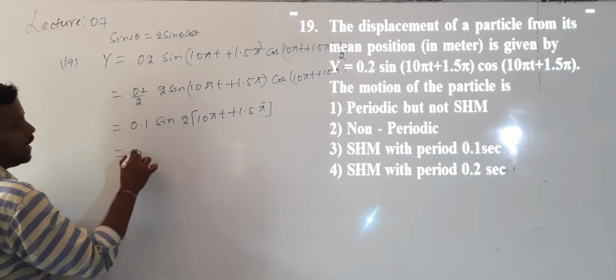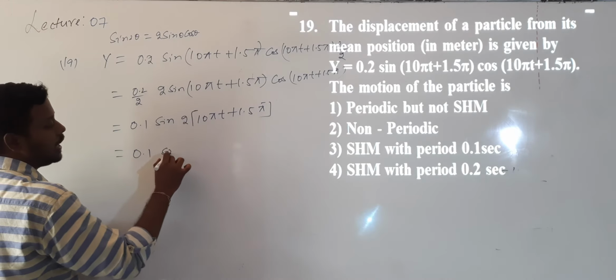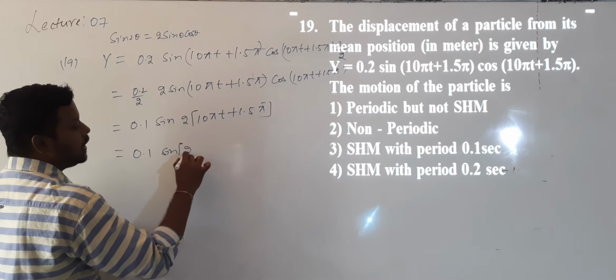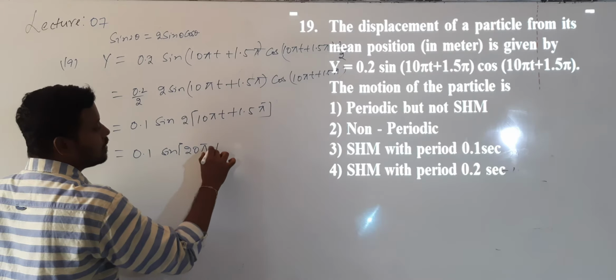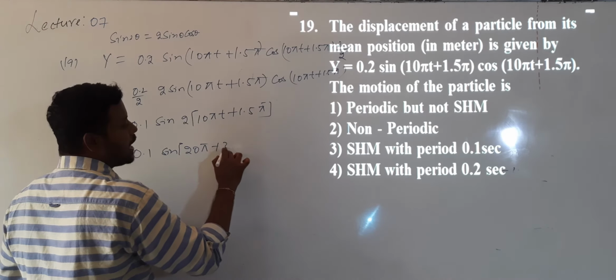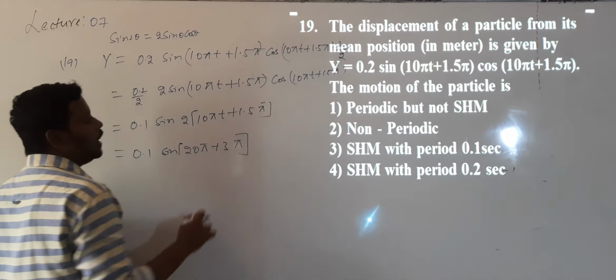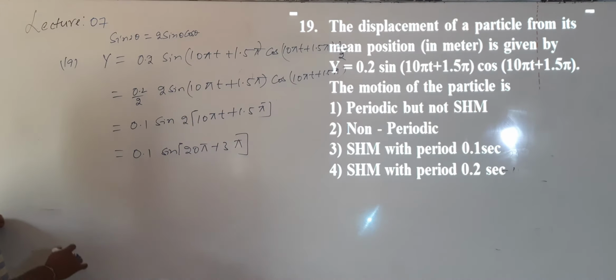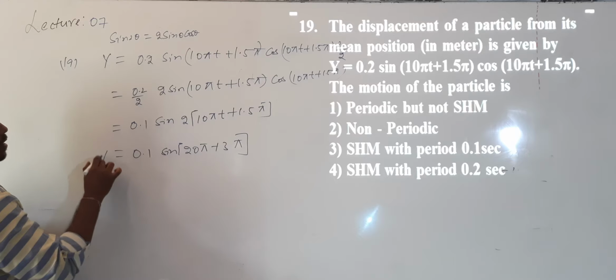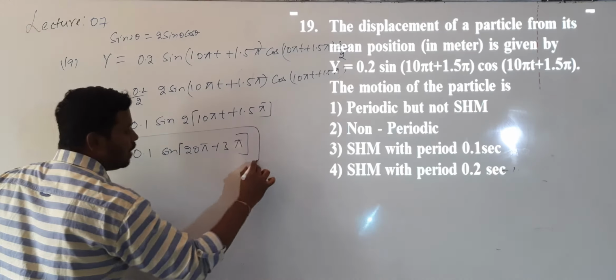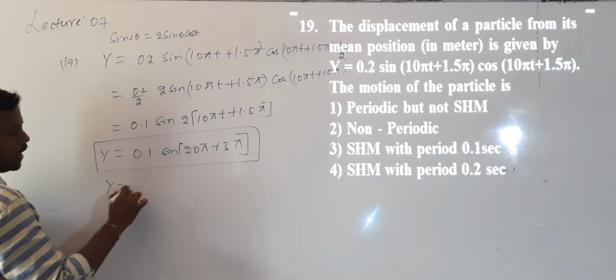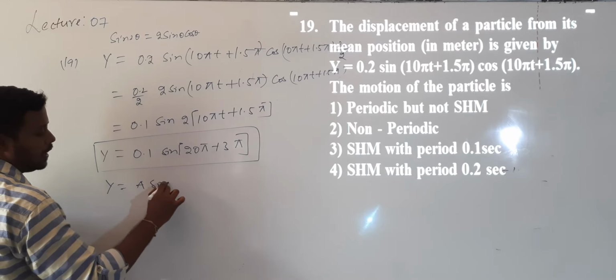So this is given by 0.1 into sin(20 pi t plus 3 pi), which is equal to y. Now this is of the form y equals a sin omega t.